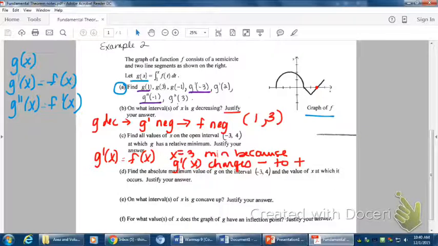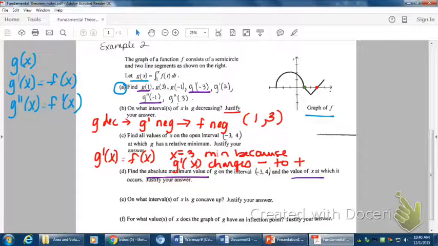D says find the absolute maximum value and then find the x. So it wants the x and it actually wants how big it actually is. Alright, so the maximum is going to occur where the derivative changes positive to negative. Remember that this graph is the derivative.